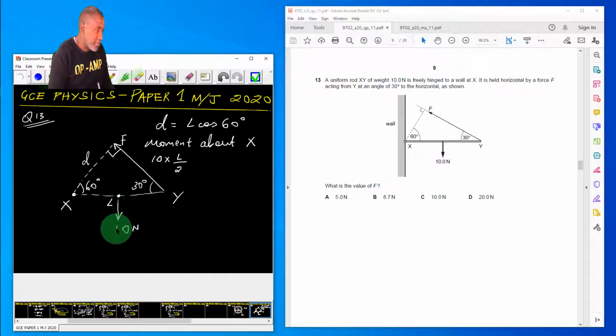Distance times the force. It's going to be equal to F tends to turn the system anti-clockwise about this point. And it's going to be equal to D, actually F, times D.